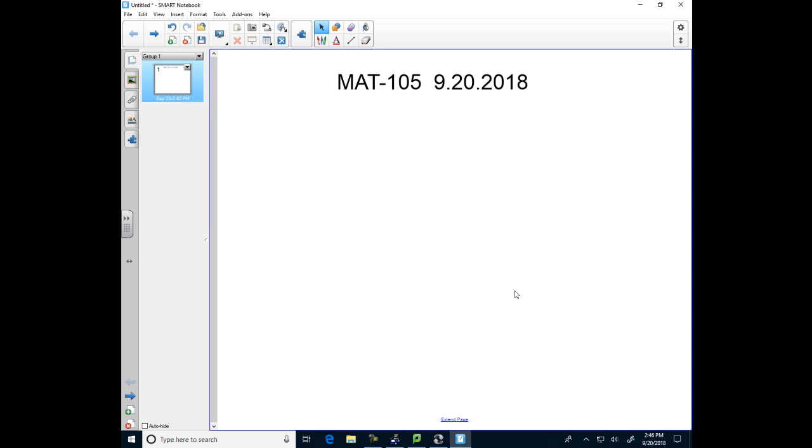So let's go through this. Now there's two ways of looking at this. Learning Unit 8.1 is markup based on cost. So in that case, cost is the basis of what you're doing.